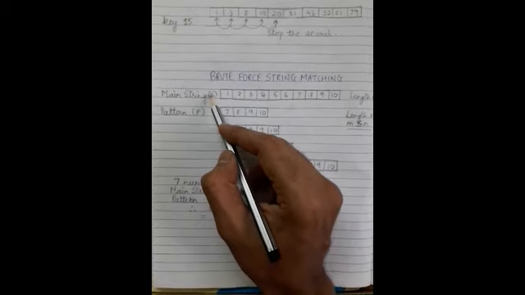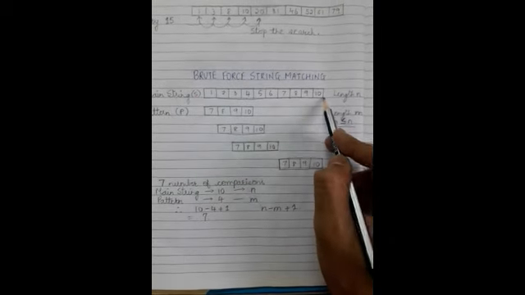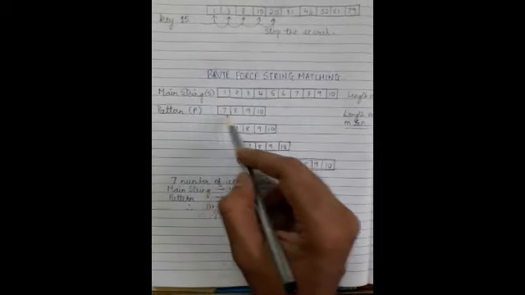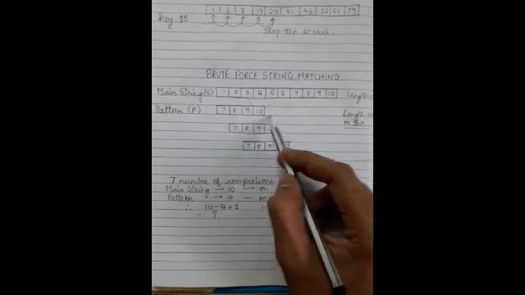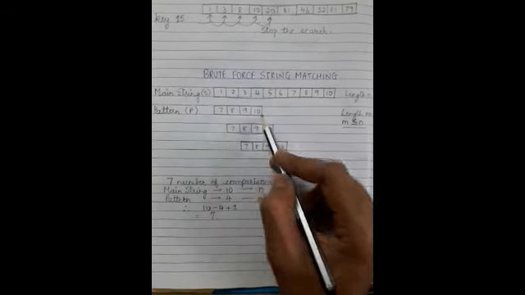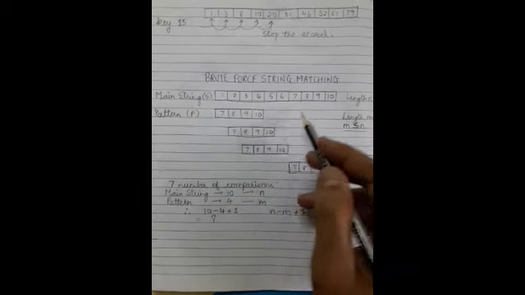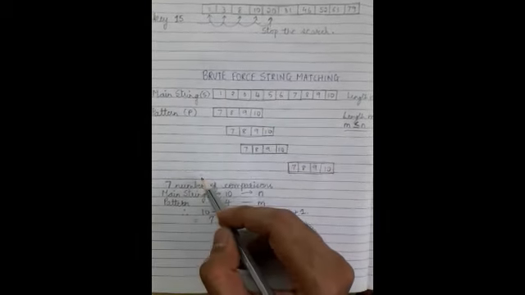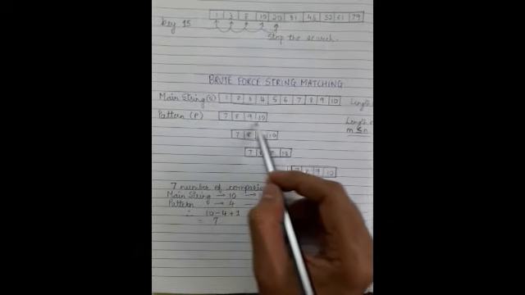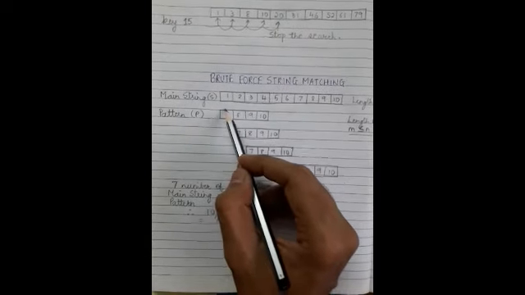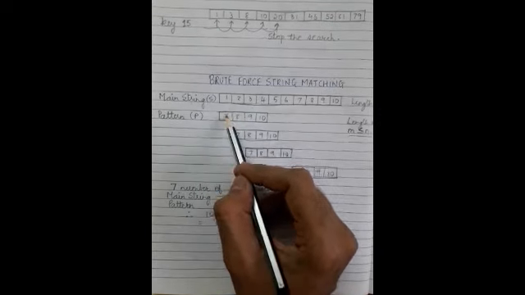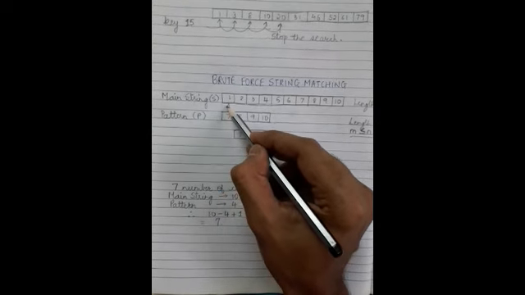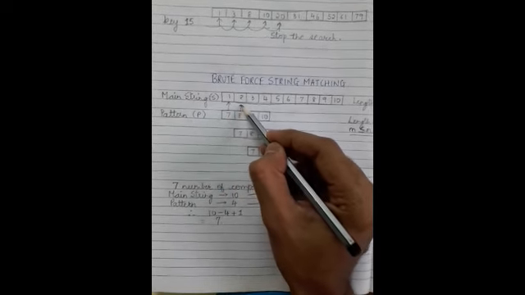Suppose I have a main string of 10 characters and a certain pattern of 4 characters in length which I want to match. This algorithm starts the matching from the first character. So these 4 characters are placed from the beginning and it will match each and every character of the main string.